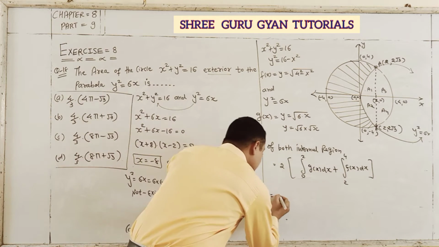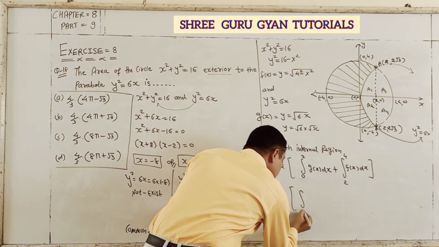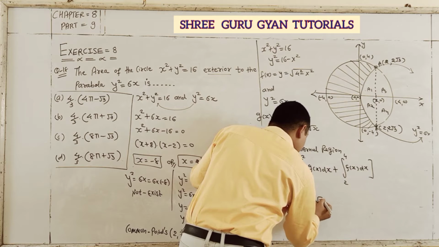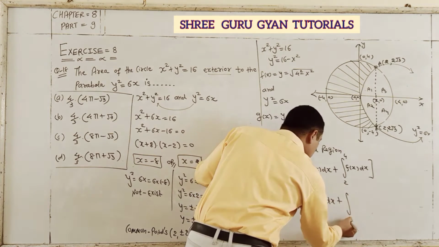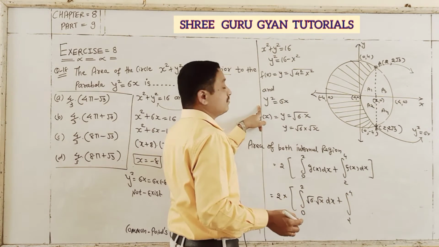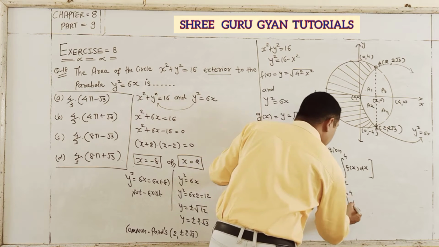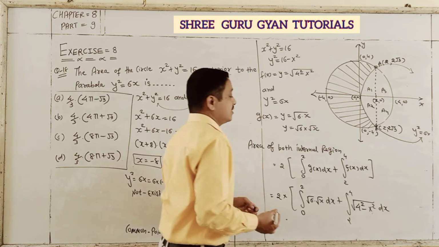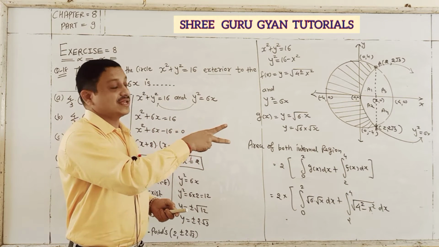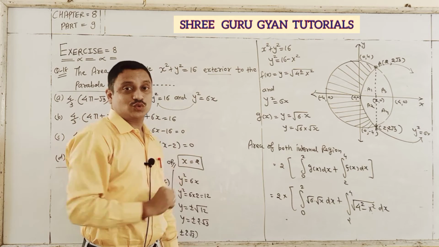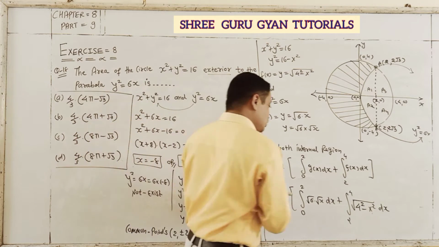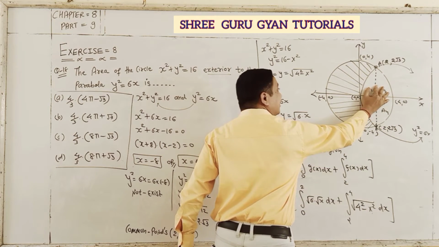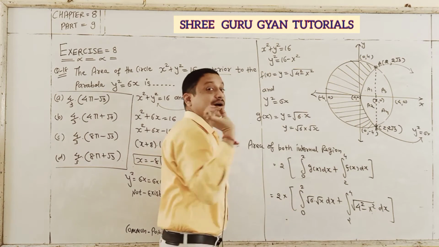So students, here 2 as it is, 0 to 2, what is my g of x? Root 6 root x dx, plus 2 to 4, f of x, under root 4 square minus x square dx. Yes, it is the circular part applied from 2 to 4. Now this total calculation I first calculate, and that is this region, and circle minus that, then your answer is created.